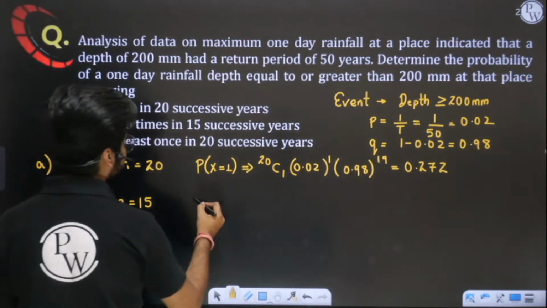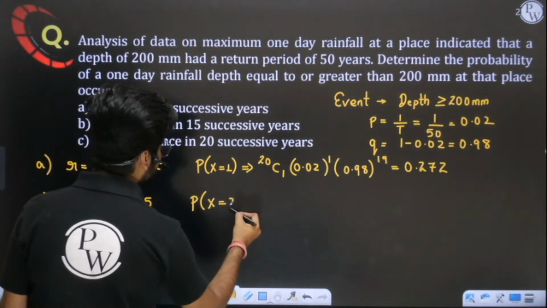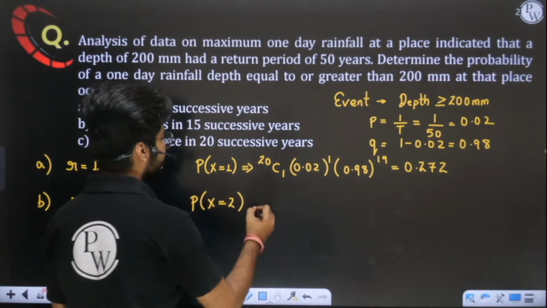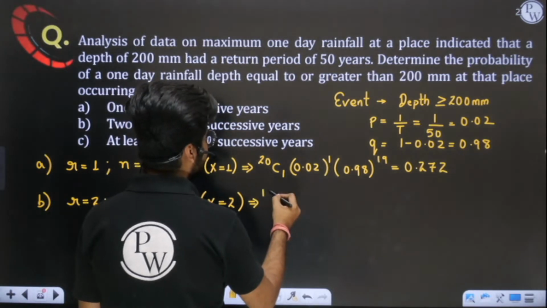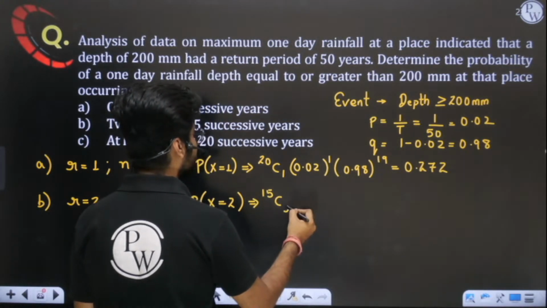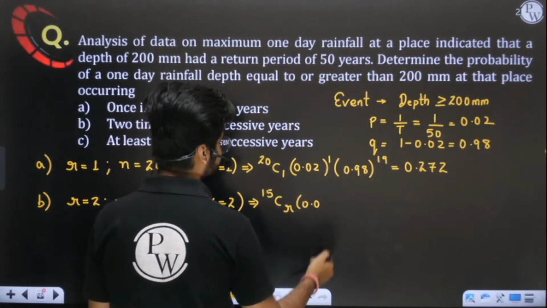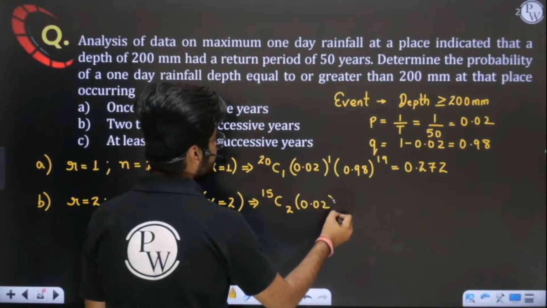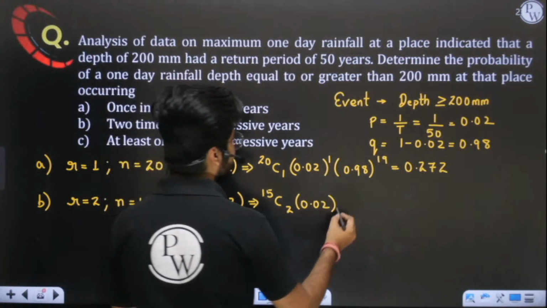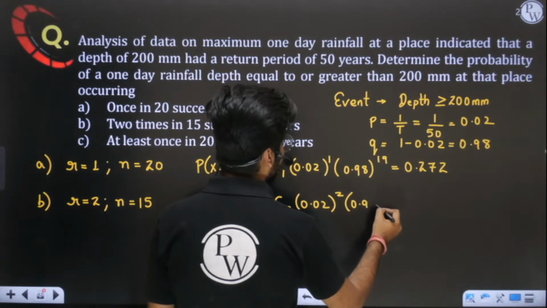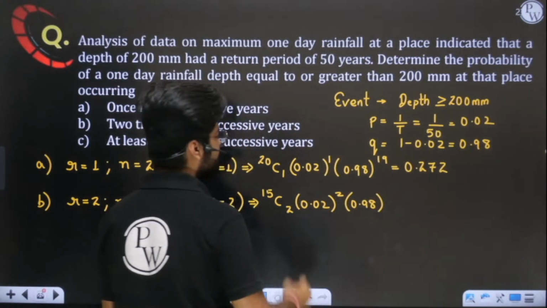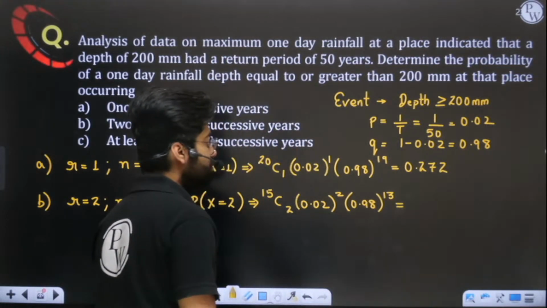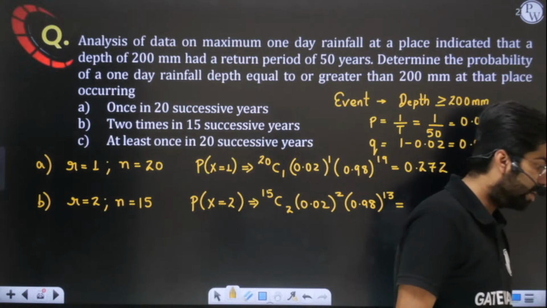When x equals 2, that is, when the flood has to occur 2 times out of 15 times, the probability will be nCr, n is 15, C, r is 2, p power r, where p is 0.02, q power n minus r, 15 minus 2, which is 13. So it will be equal to 0.323. Perfect.